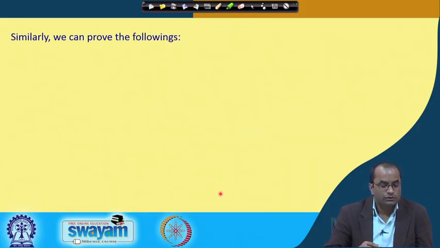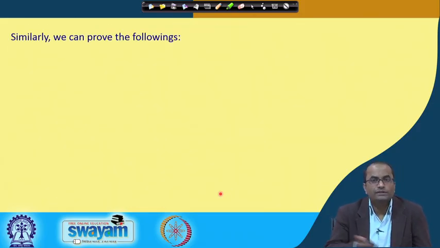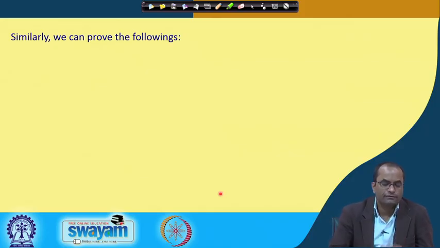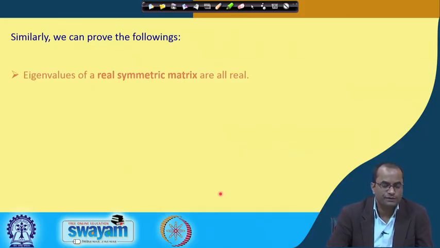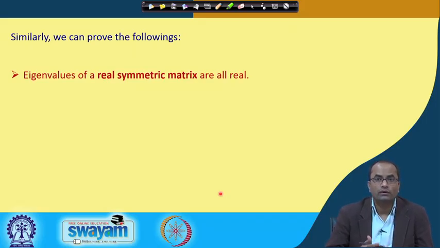Okay. Similarly we can prove the following results, which follow the same lines as the proof we have just done: the eigenvalues of a real symmetric matrix are also real.